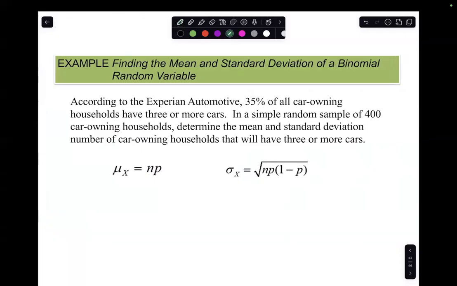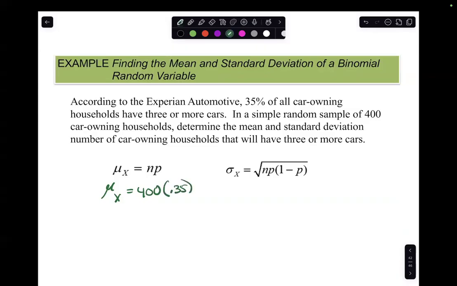So let's calculate it here. According to Experian Automotive, 35% of all car owning households have three or more cars. We have a simple random sample of 400 car owning households. We want to know our mean and our standard deviation. So super simple. My mean would just be 400 times 0.35.